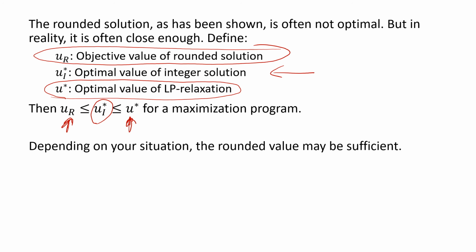And you can go with that because it will take a long time to compute the actual optimal solution. So in the real world, even though the rounding does not usually give you the solution, sometimes it's close enough. And finding these two values will give you an idea of just how close it can be.